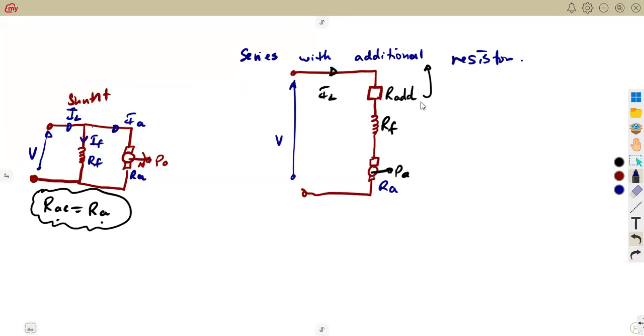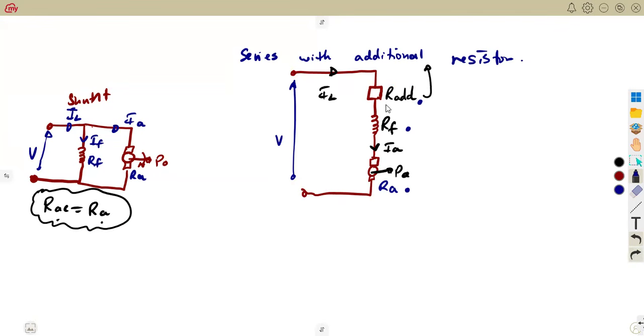So you're going to see that the additional resistor, the field and that of the armature together comprise the resistance of the armature circuit, because this is a series where the current is the same. Where the armature current is flowing, it is the same current that is flowing here.